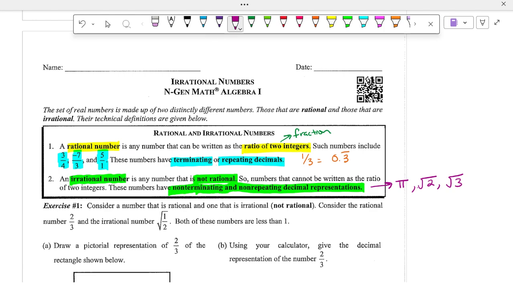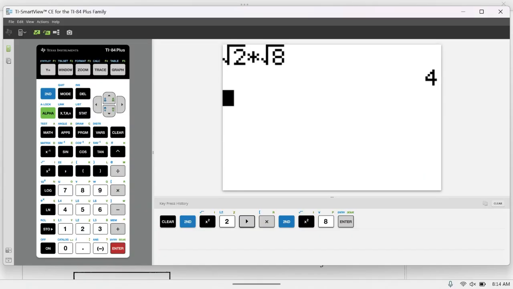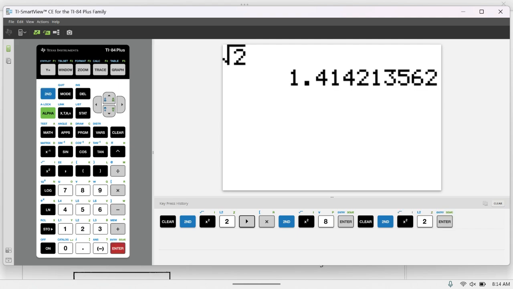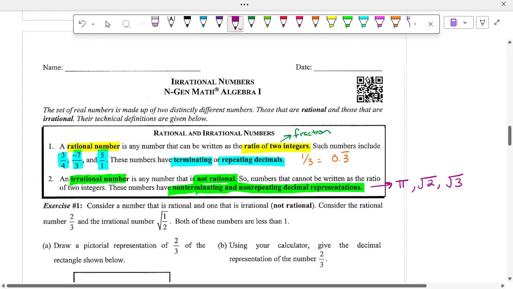If you put the square root of 2 in your calculator, you get some really weird decimal. Is there a clear pattern there? No. It's just a bunch of random numbers. Well, they're not random, but you get the gist.